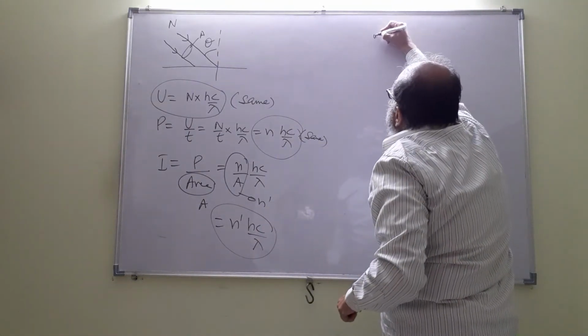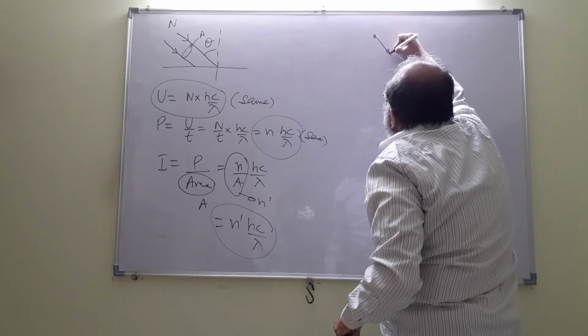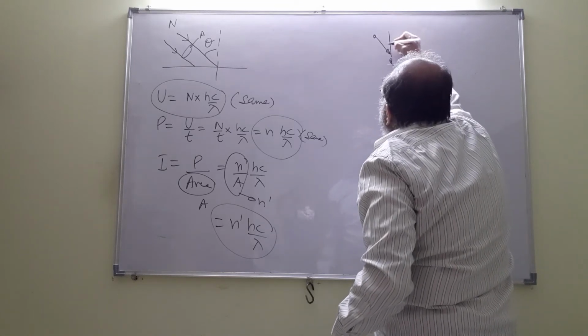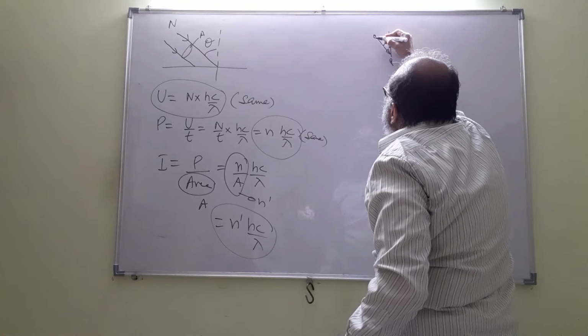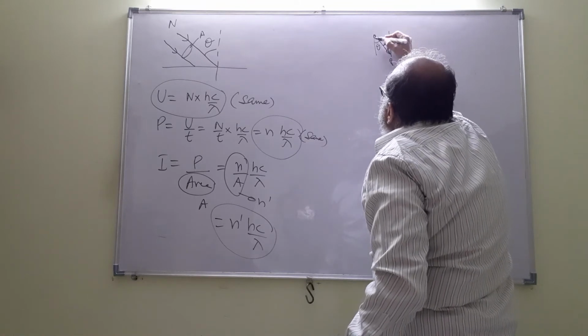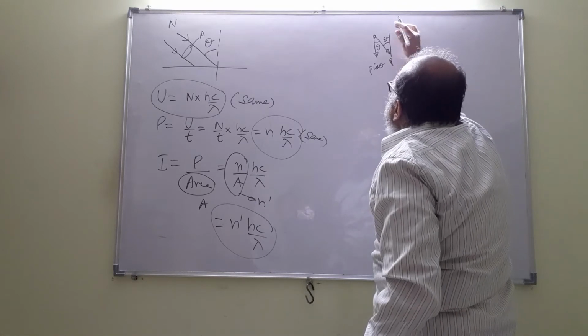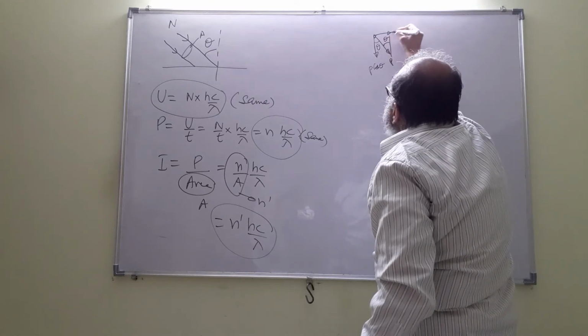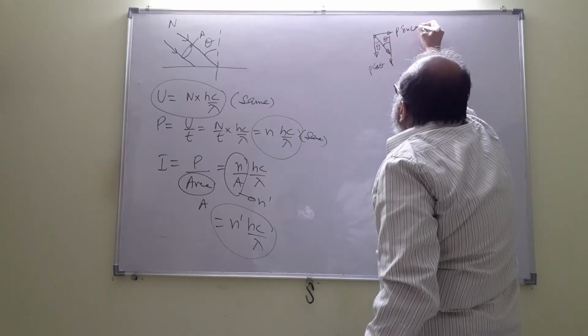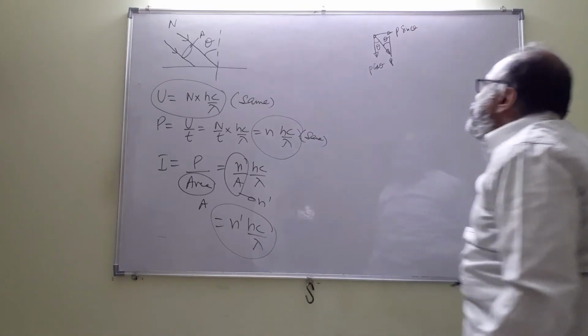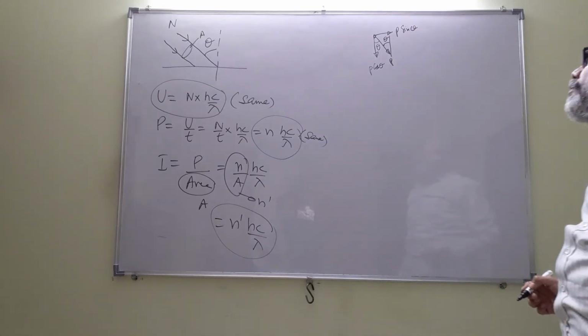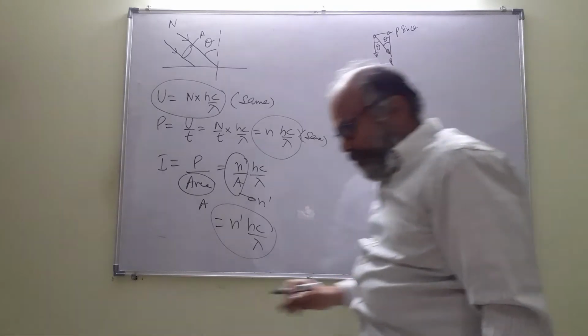If the momentum of a photon is this way p, and this angle is theta, so this is also theta.